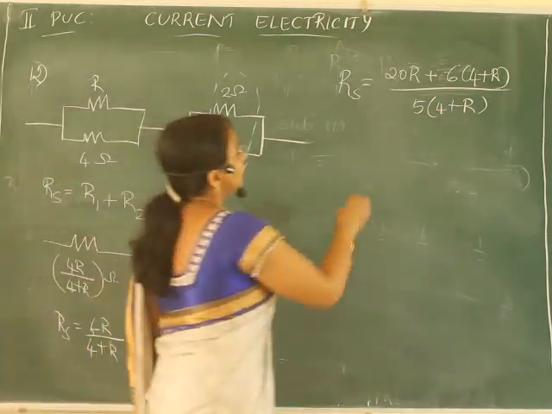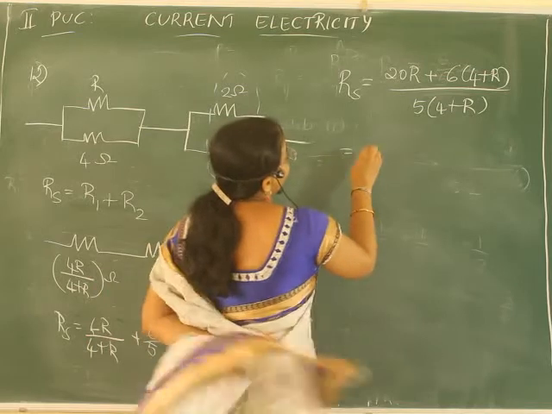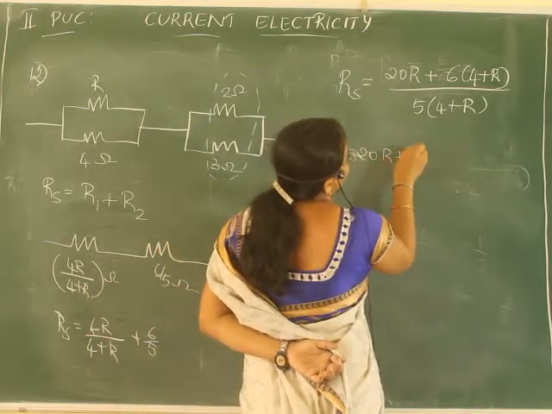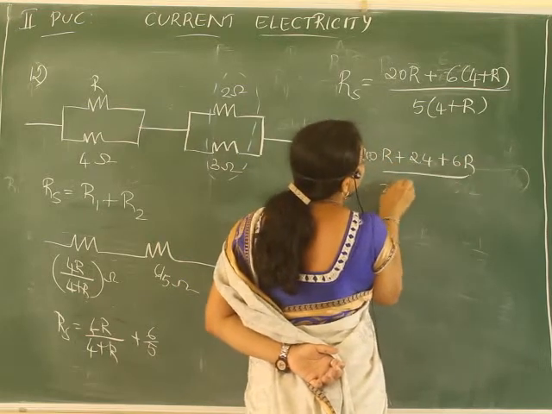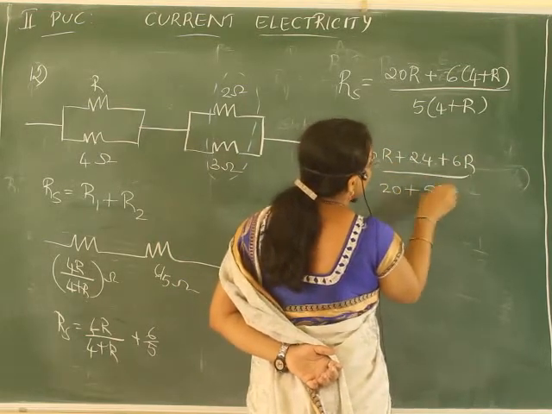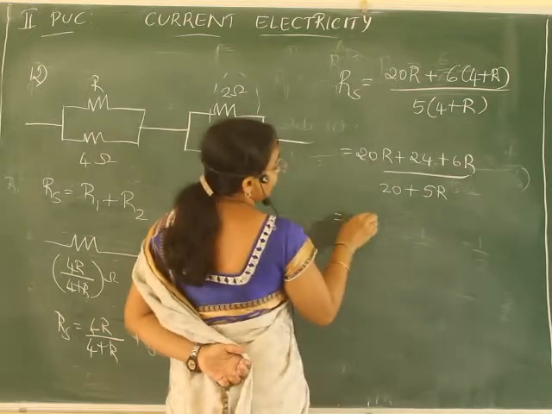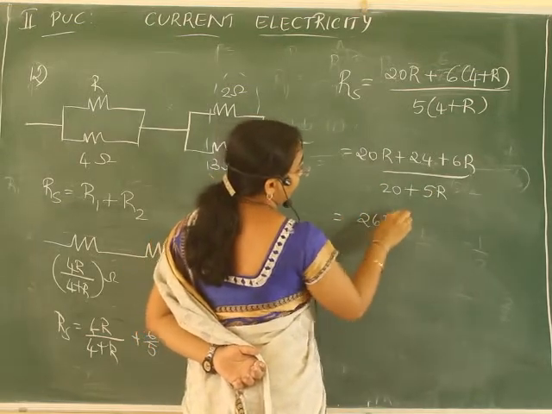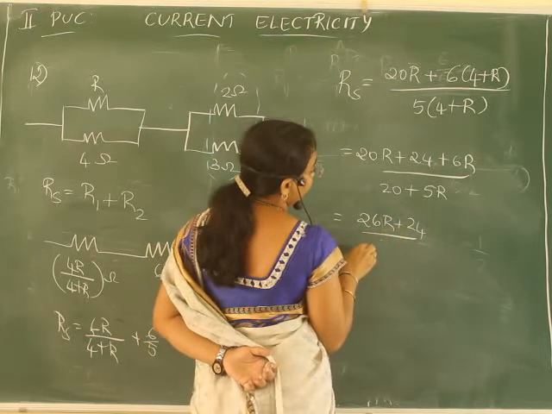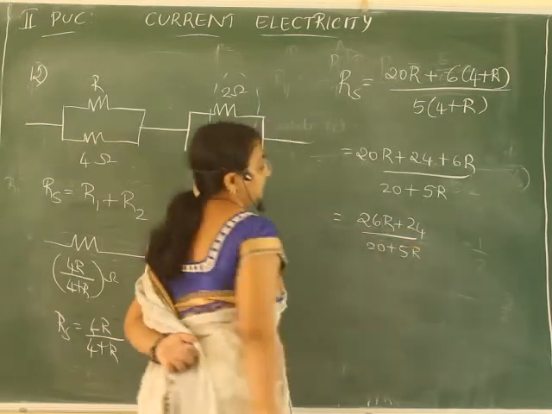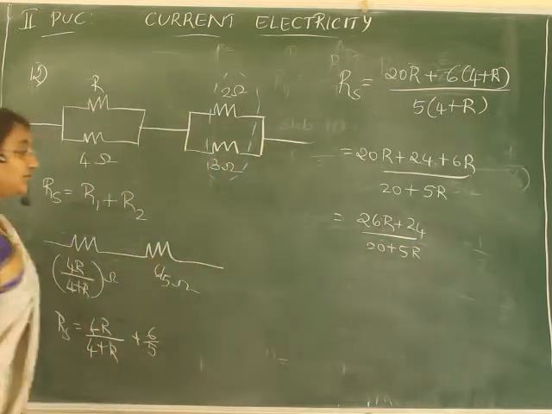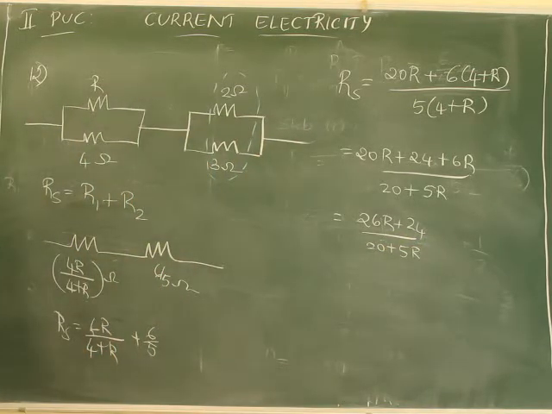What is the next step? 20R plus 24 plus 6R divided by 20 plus 5R. 26R plus 24 divided by 20 plus 5R is equal to how much? 3.6, correct? For the combination? Yes, it is 3.6 ohm.